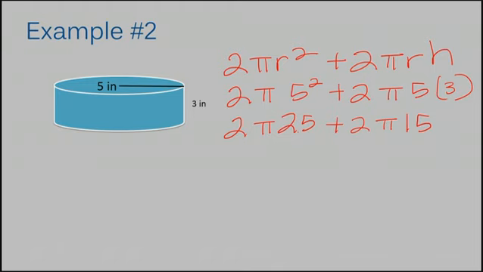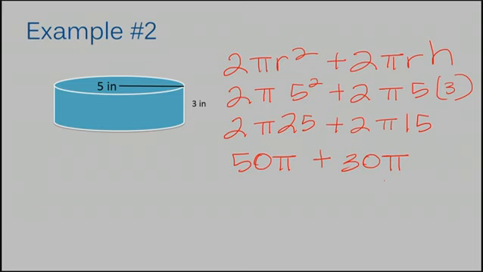For the first part of the formula, I'm going to multiply my 2 and my 25 and get 50. And pi is just going to come down with it. I'm going to add here, that's 2 times my 15, and that's 30. And then pi again.